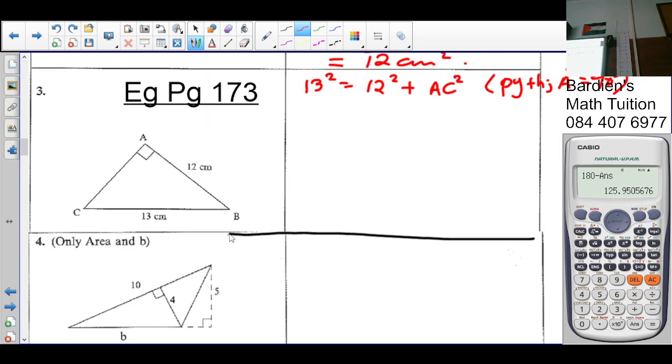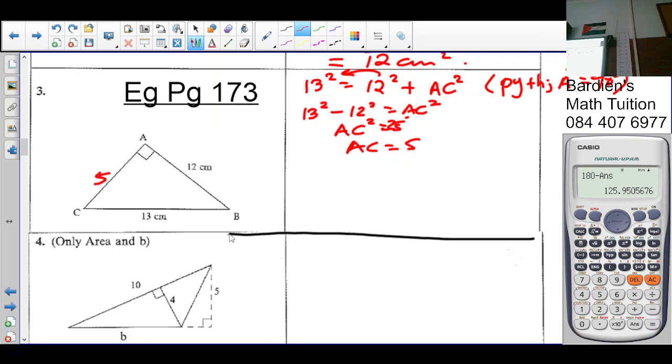So you take it over the equal sign, becomes 13 squared minus 12 squared is equal to AC squared. What is 13 squared minus 12 squared? 169 minus 144. 25. So AC squared is 25. Okay, the square root thereof. So AC works out to be 5.